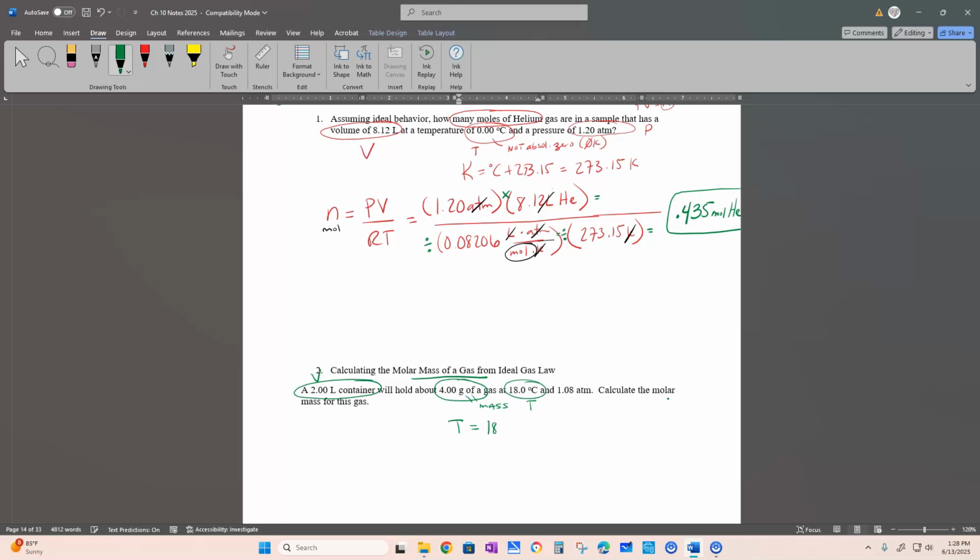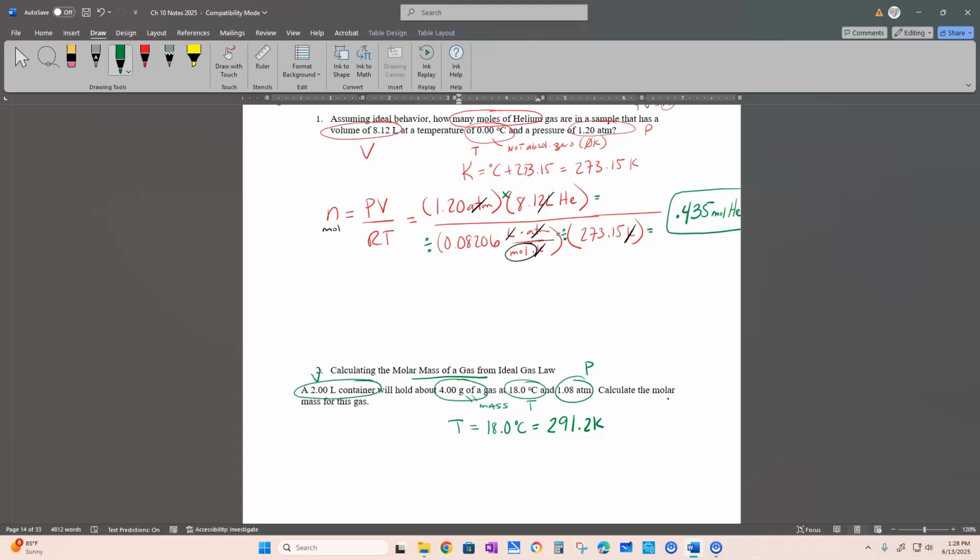So I'm going to take that 18.0 Celsius, and I'm going to go 18.0 plus 273.15, and 1 after the decimal, 291.2. And I have my pressure. That's in atm. So I have my volume in liters, my pressure in atm, I got my T in K.